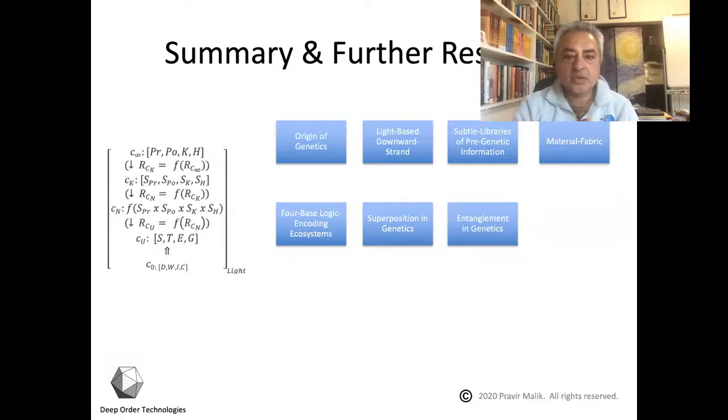Similarly, we have the notion of entanglement in genetics, because when we think about each of these antecedent or more and more subtle layers of light, it's clear that the way that space-time works in any of these subtle layers is very different.